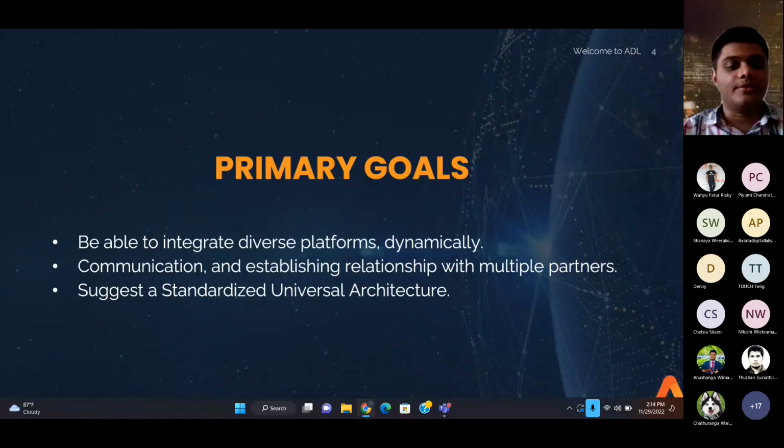Therefore, the universalized architecture should be standardized and, at the same time, designed to accommodate existing and even new upcoming solutions. The standardized pathway will help us evolve the architecture and allow us to accommodate different, even upcoming, software solutions in the market without affecting or amending the existing code bases.